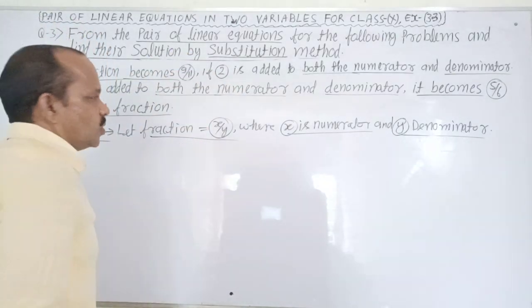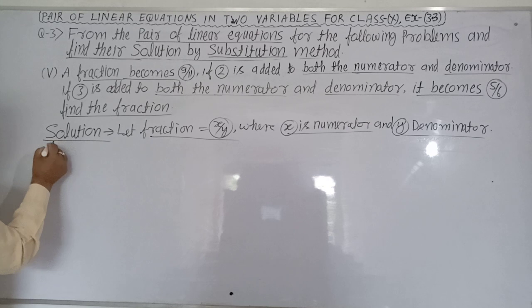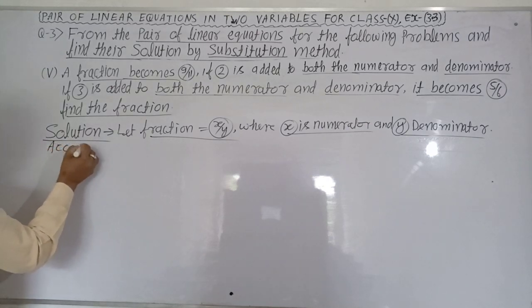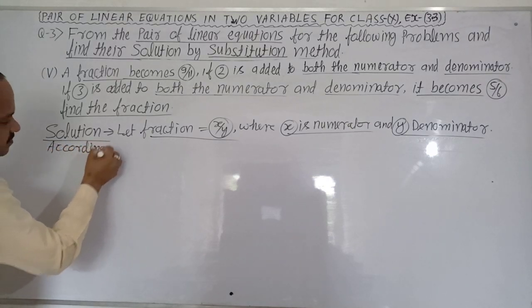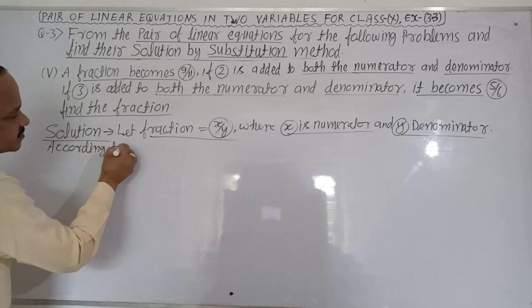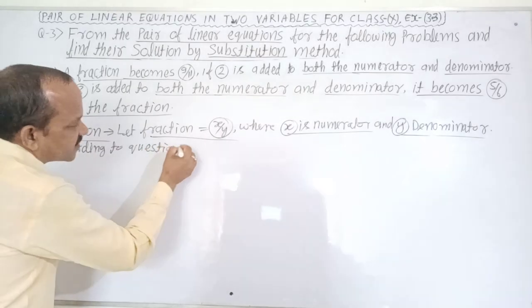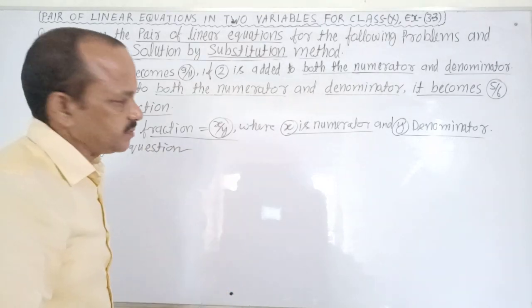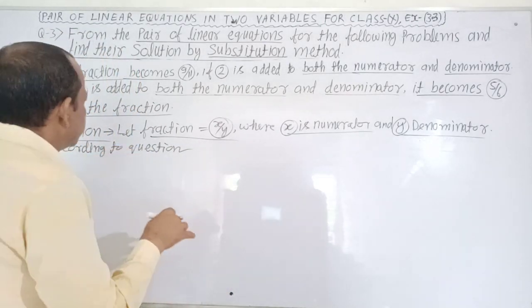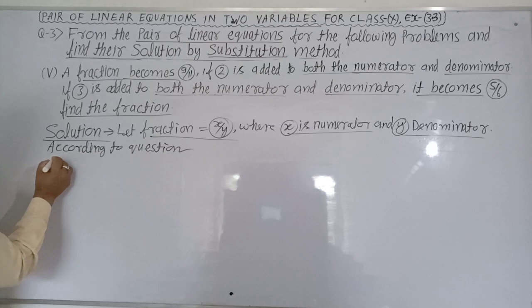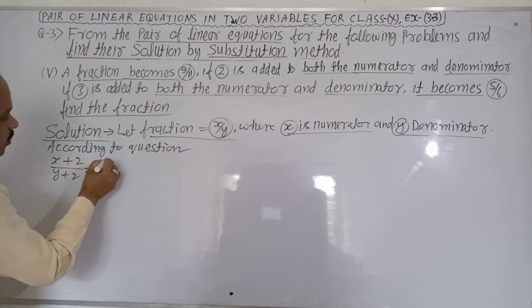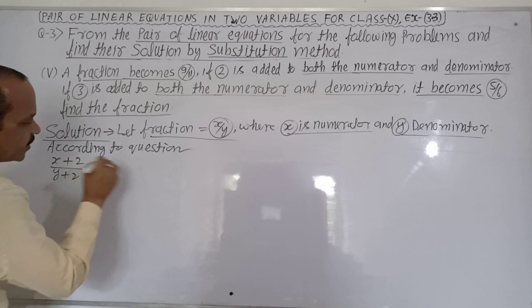According to the question, x plus 2 upon y plus 2 equal to 9 by 11.